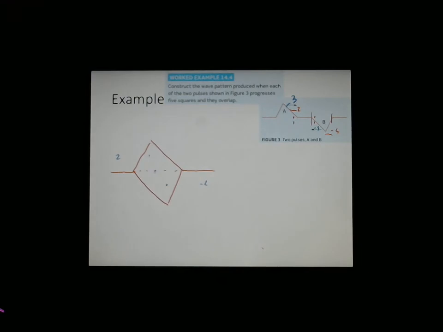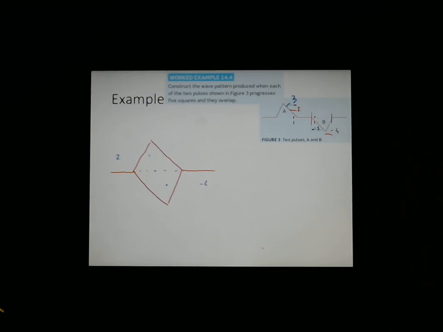Now, I don't actually need to do any more math than this. It's a sort of little trick. It's not really explained too well in the text, but the way I like to tackle these is I find these points where things change, and then I don't need to do all the math for the internal points. All I need to know is that they're both straight.